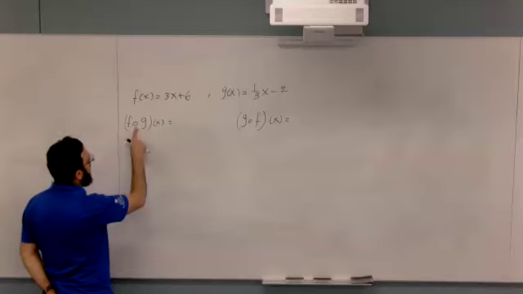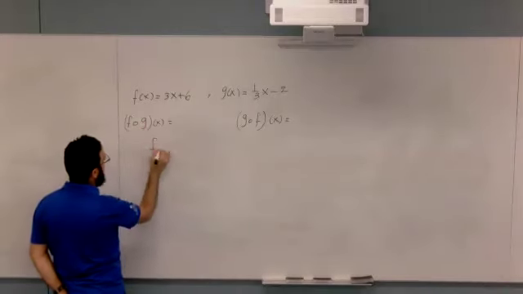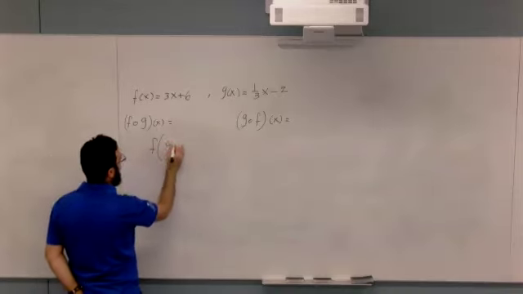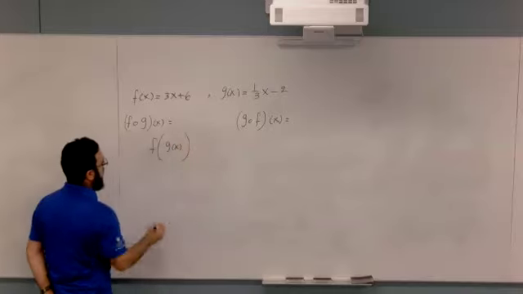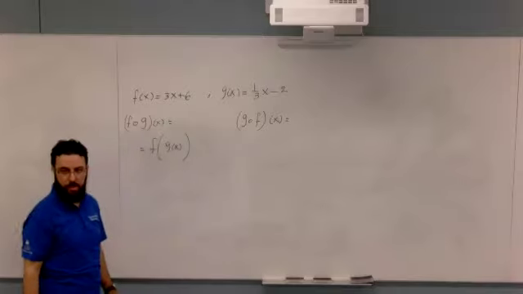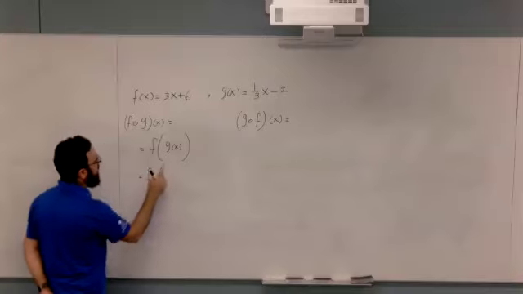f circle, or composite, with g. Which function is out? f is out and g is inside. Here is g of x. Is that okay? Now, here is f. Where is the function g?